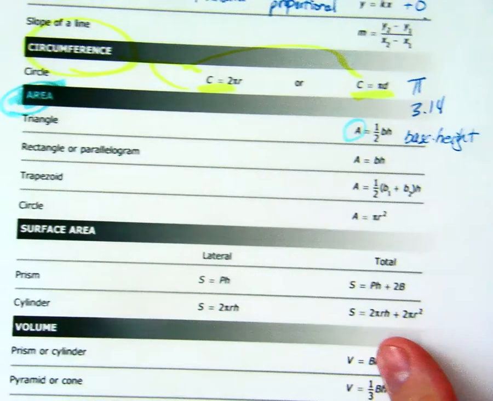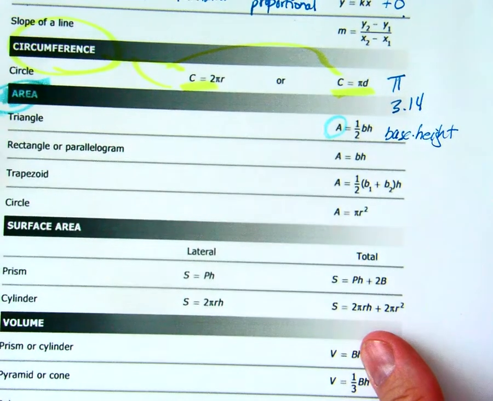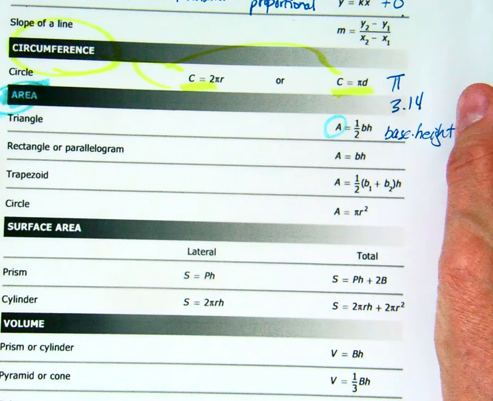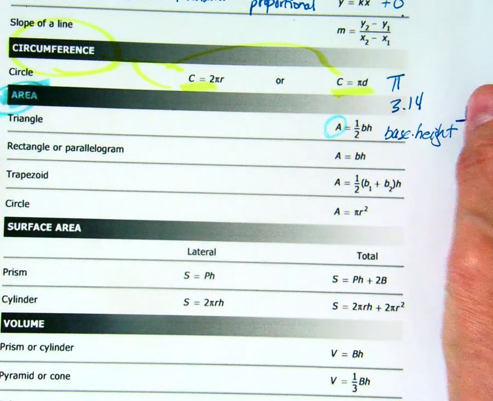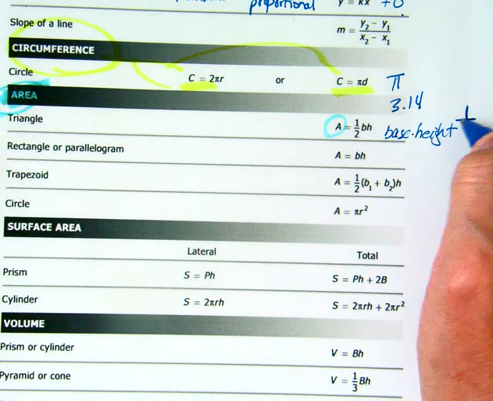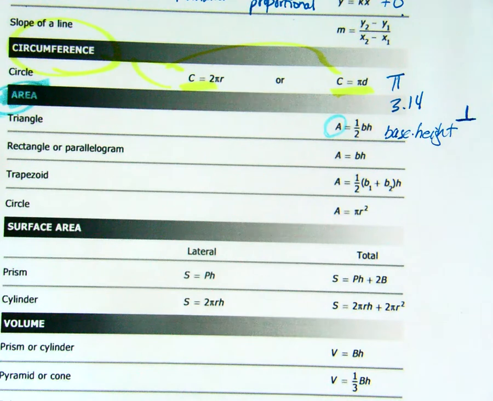Remember the thing that you're going to make a mistake on, and we talked about this when we did altitudes, when we did our triangles. The height must be perpendicular. Don't let it sucker you into using a slant height, the side of a triangle. The height has to be perpendicular.